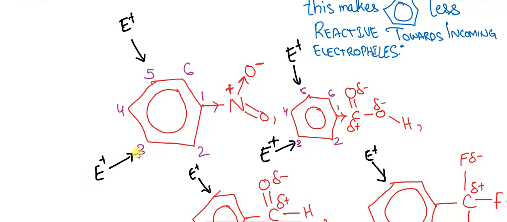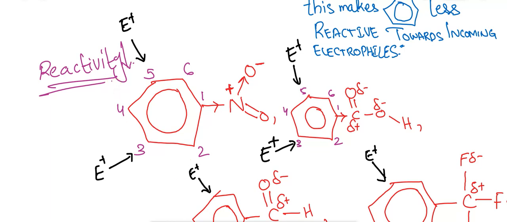The incoming electrophile will either get attached to the third position or the fifth position. And basically, the reactivity of the benzene ring actually decreases. So they are called deactivating groups because they decrease the reactivity of benzene ring. The reactivity with the incoming electrophiles decreases.